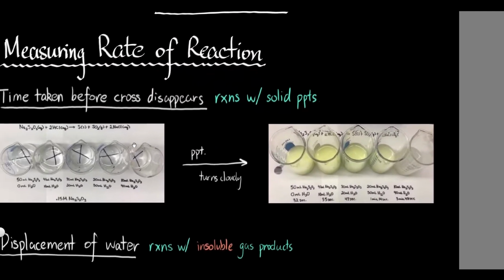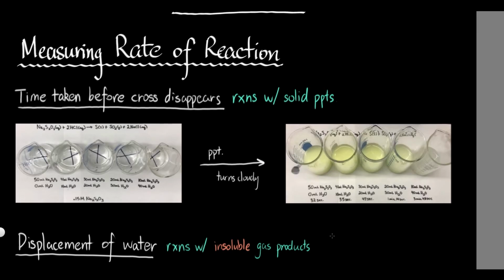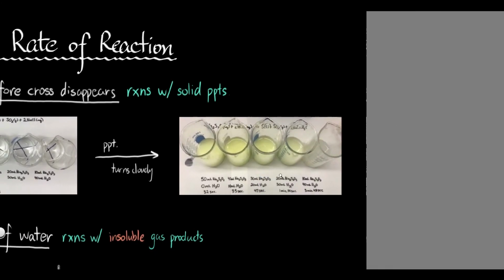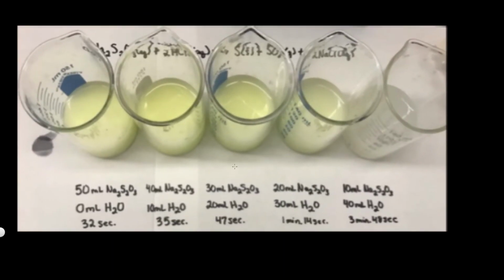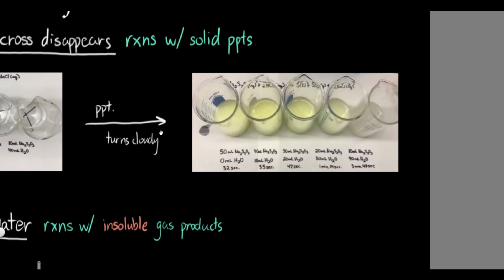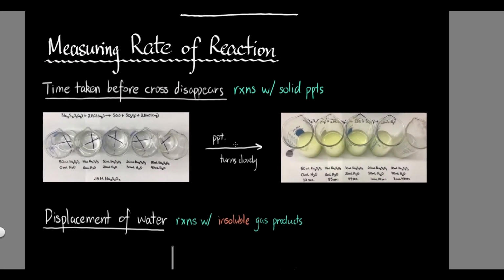So basically you measure the time it takes, and from this it will be very direct to tell that this reaction happened at the fastest rate, and the one on the right at the slowest rate, because it takes a longer time. So yeah, that's for time taken before the cross disappears.